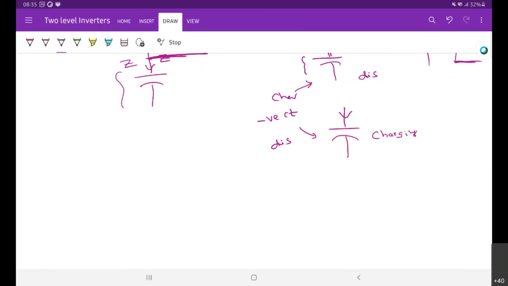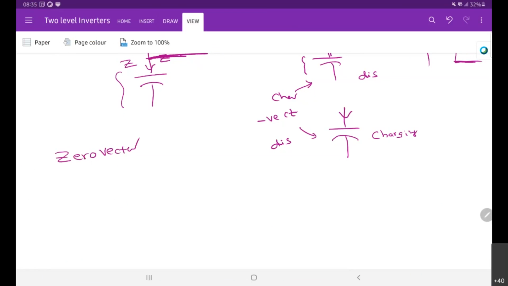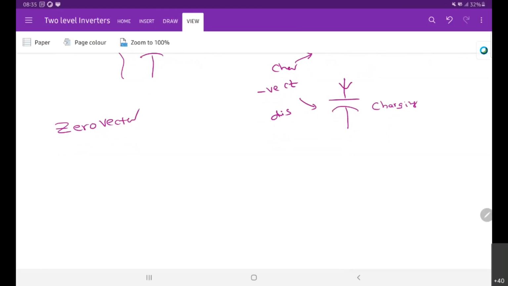First we consider the zero vectors. The zero vectors are PPP, 000, and NNN. Assume this is a three-phase load.